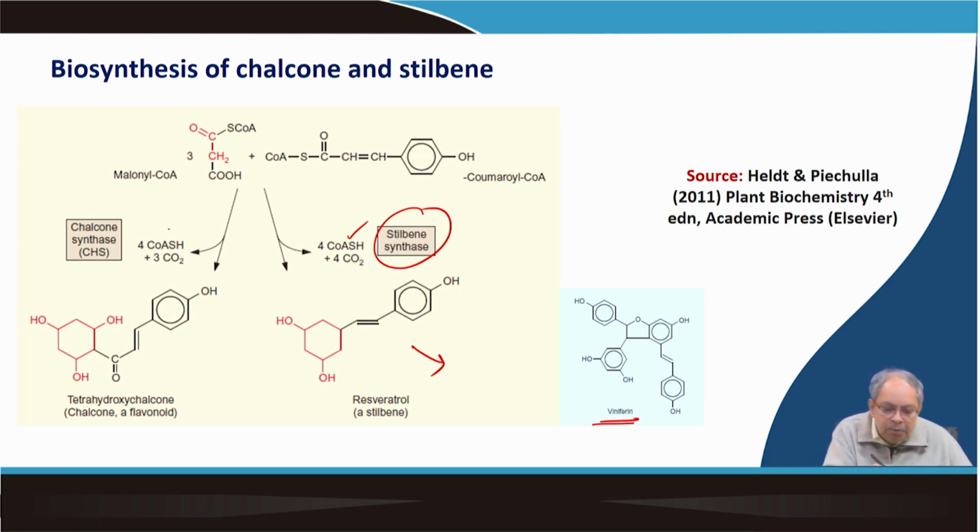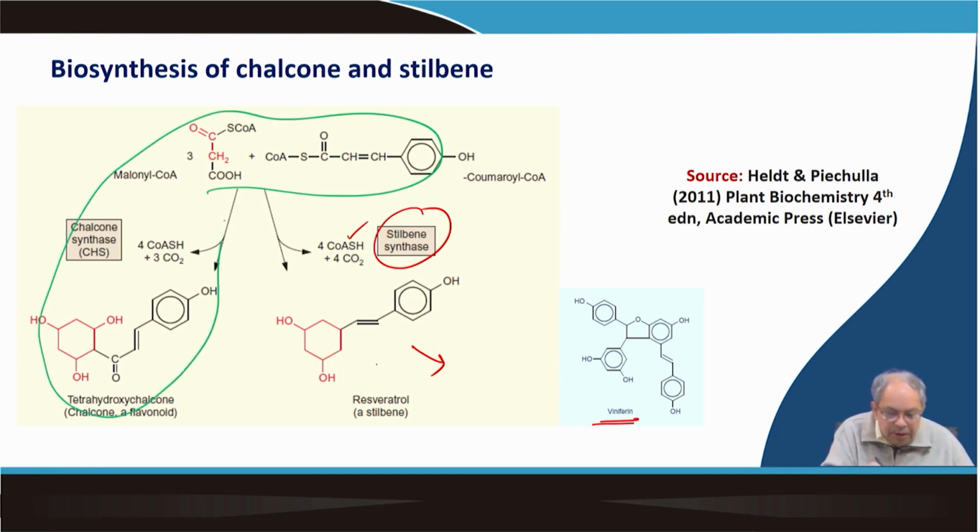The same malonyl CoA and coumaryl CoA also contribute towards the formation of chalcone by the action of chalcone synthase. So, this is the structure of tetrahydroxychalcone. As you see, this red one is basically coming from the acetate malonyl unit, whereas this one is coming from the coumaryl unit, the black one.